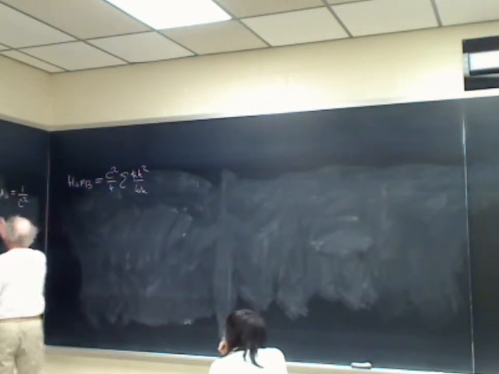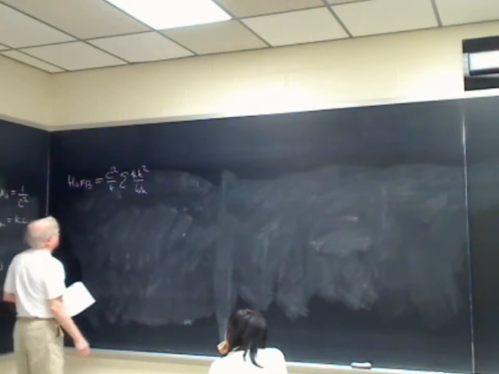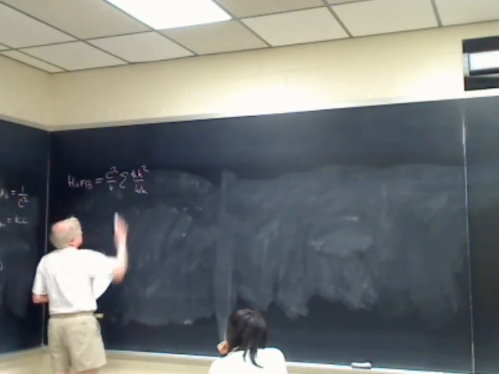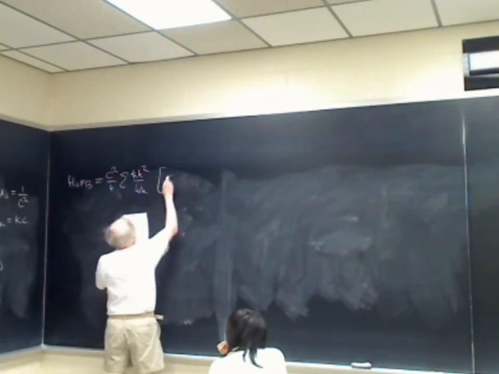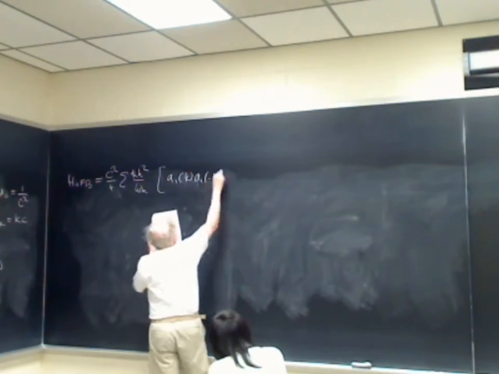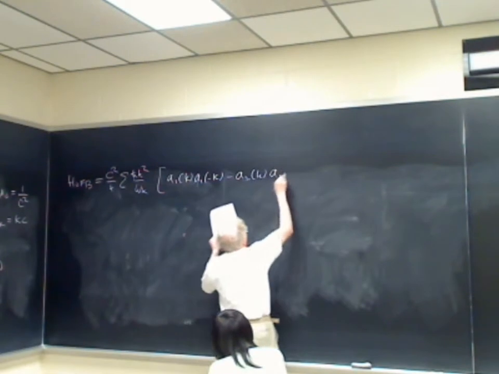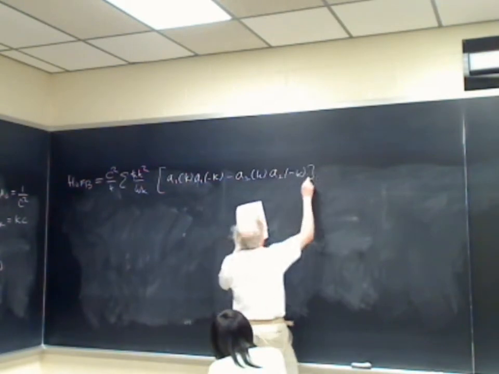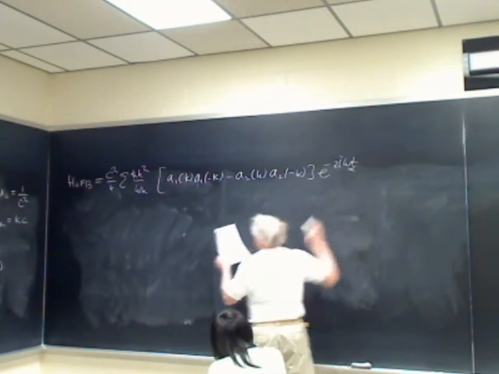And remember that omega k is equal to kc. So you see, ck is just going to give us an omega k squared. So this just gives us a1 of k, a1 of minus k, minus a2 of k, a2 of minus k, e to the minus 2i omega kt.